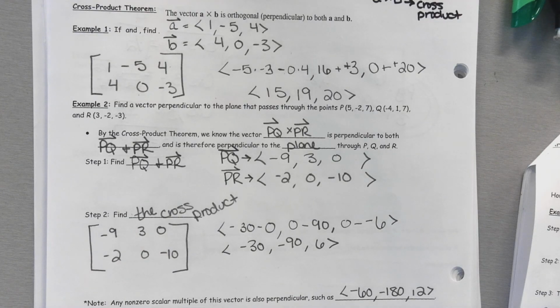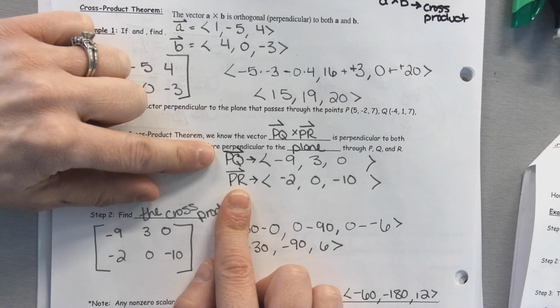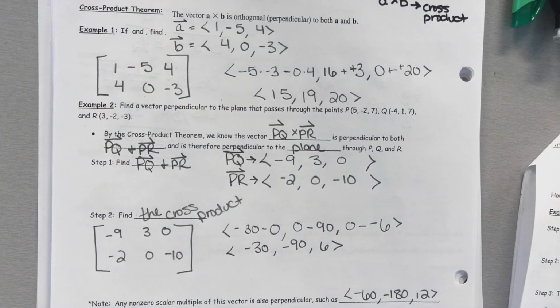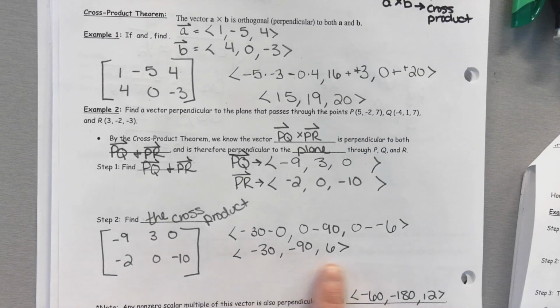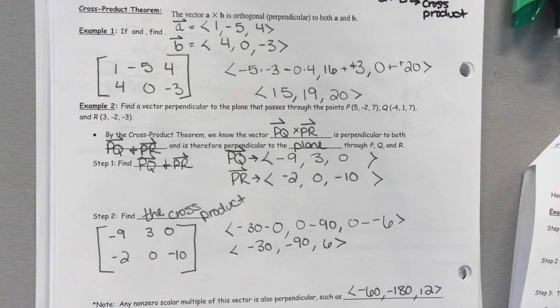Once we had our vectors in component form, then we calculated the cross product of them. We also talked about the fact that we could multiply it by any scalar, and it would also be another perpendicular vector.